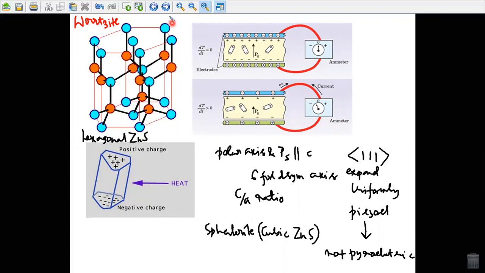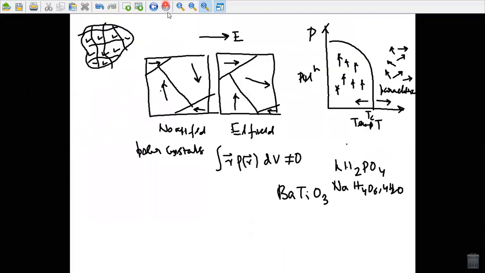So moving further on, we are going to discuss ferroelectricity, or the spontaneous polarization which arises.